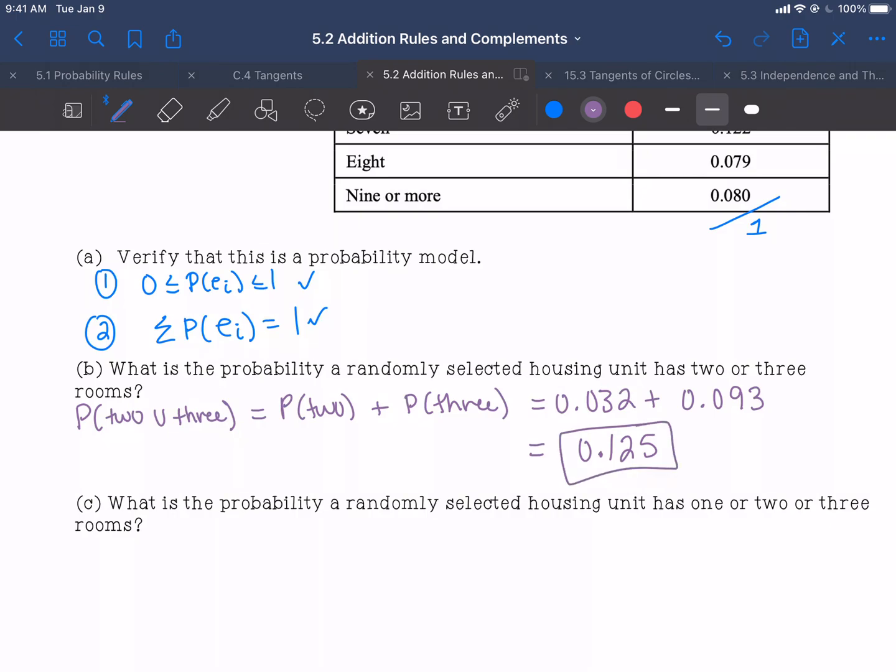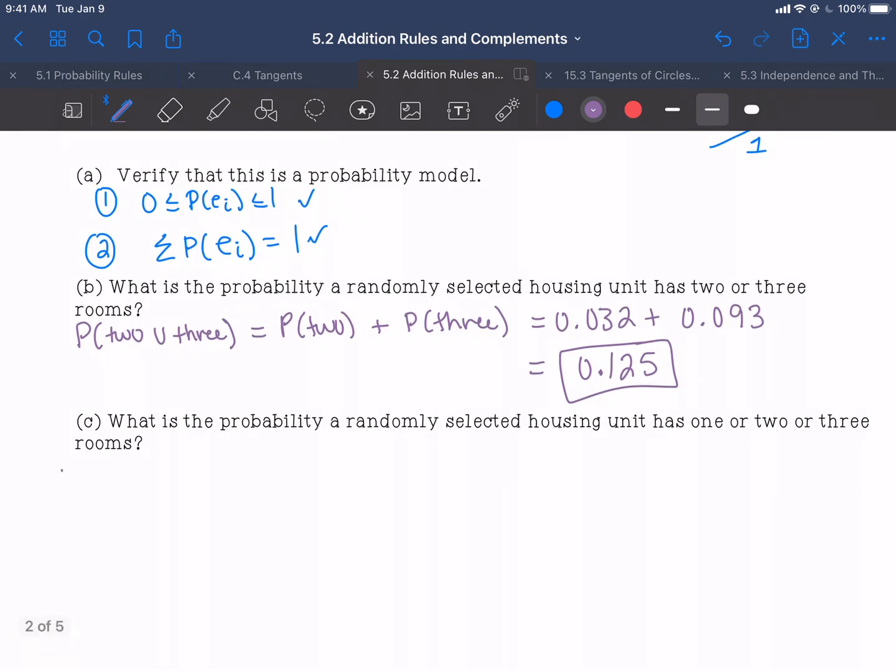What is the probability a randomly selected housing unit has 1 or 2 or 3 rooms? So that's the probability of 1 union 2 union 3 rooms. So we just add the probabilities of each of them individually.